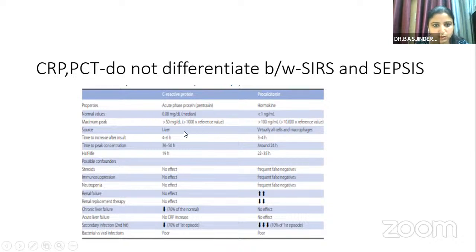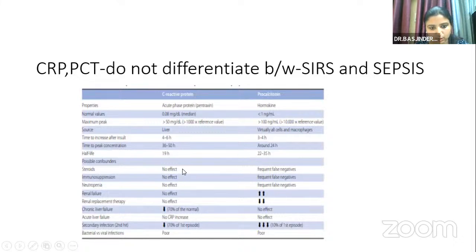Liver is the source for C-reactive protein, and we have learned that in stress or in critical illness, virtually all cells start releasing PCT. The time to increase after insult is the earliest for procalcitonin, and C-reactive protein takes a little more time, 4 to 6 hours. And the half-life for CRP is 19 hours and PCT is 22 to 35.